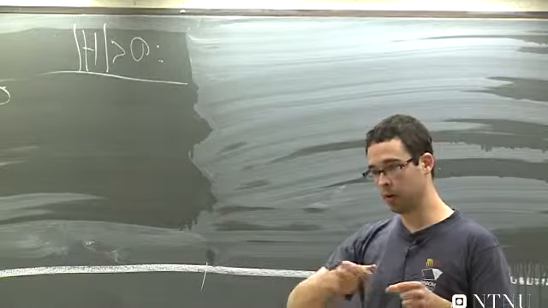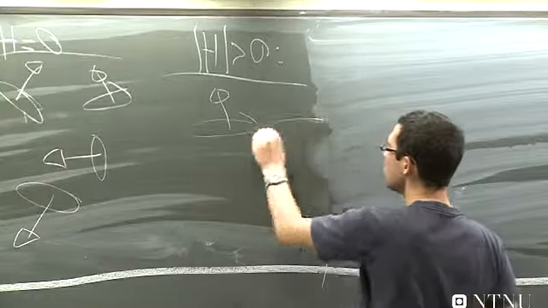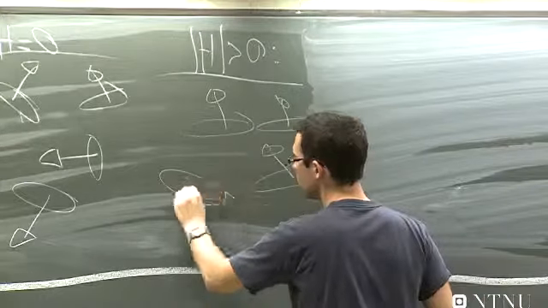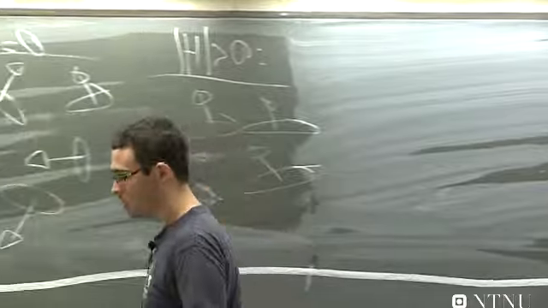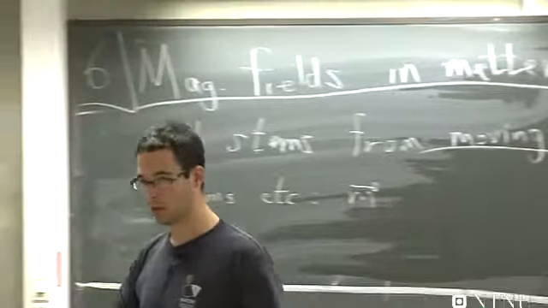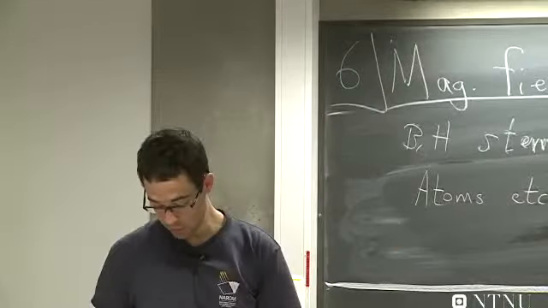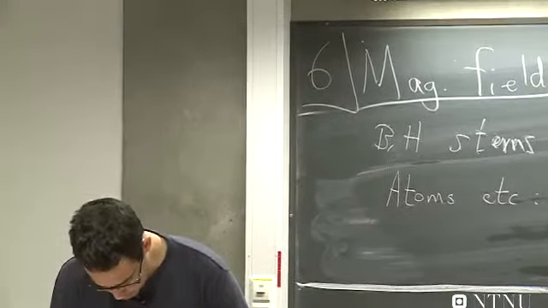They don't like being oriented the wrong way. You might not get complete orientation, but you will get some statistical effect at least, which means that you're going to see some macroscopic effect if you apply a large enough field.